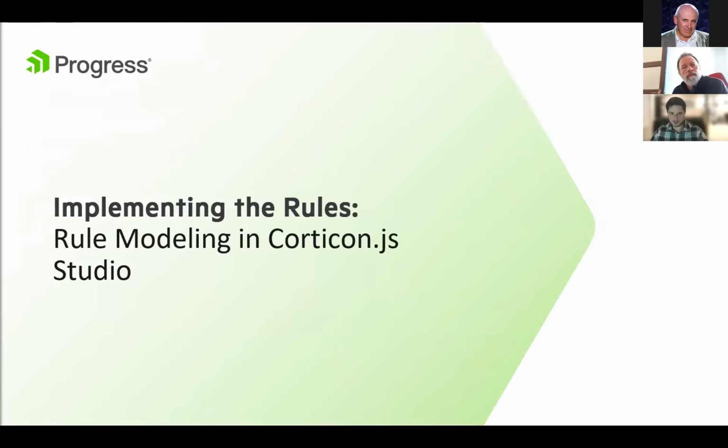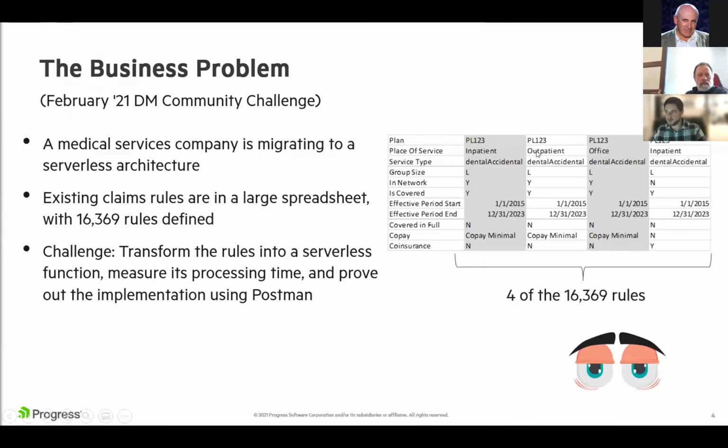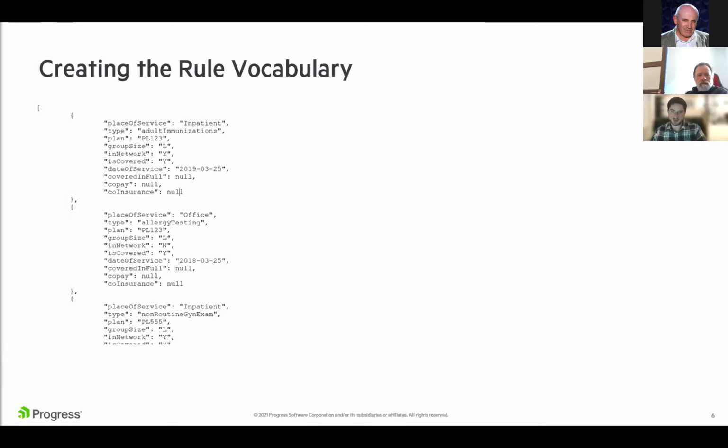So how do we do it within Corticon JS Studio? One thing that we started with was this set of JSON tests, and it's a good place to start as far as getting an idea of how we get from this sort of model of an Excel table to an actual runnable decision service.